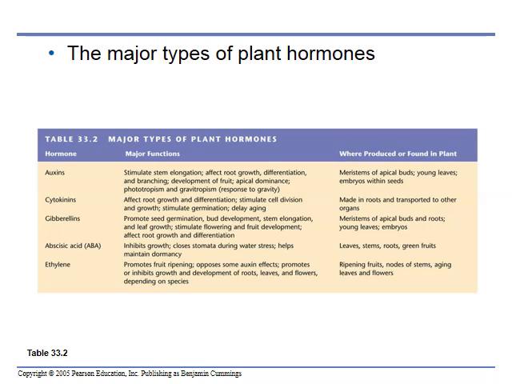They also stimulate cell division, and that's kind of their key thing, stimulating cell division and growth. They stimulate germination and delay aging. Then you have gibberellins, also called gibs, which promote seed germination, bud development, stem elongation, and leaf growth. They stimulate flower and fruit development and affect root growth and differentiation.